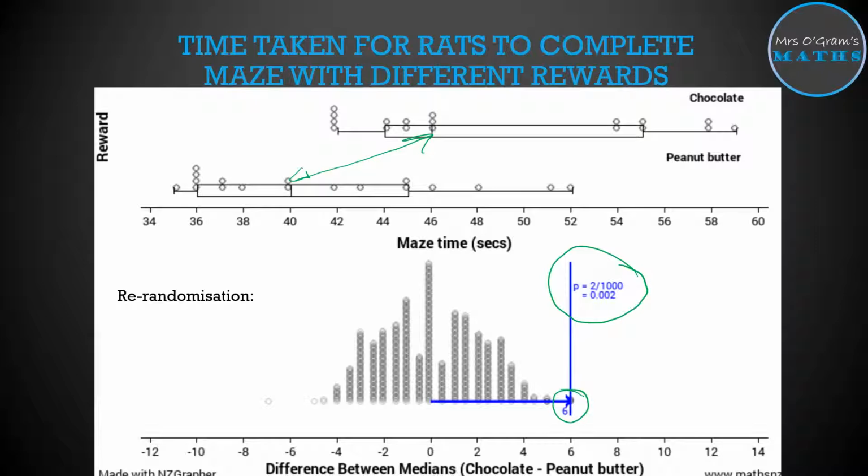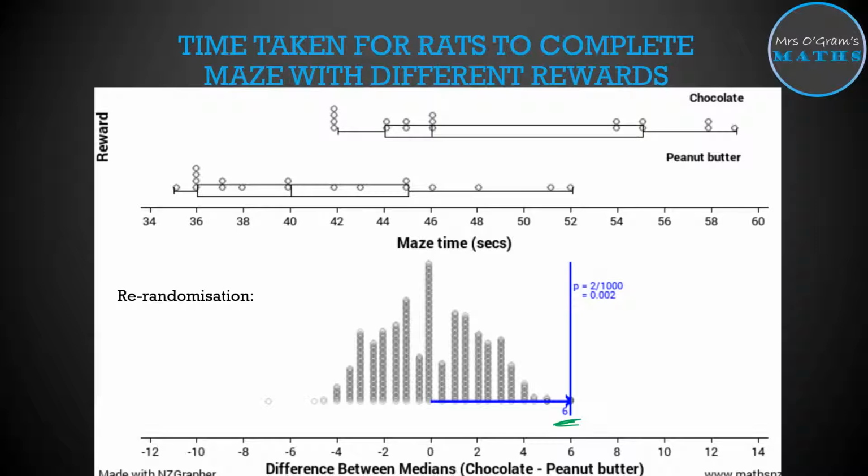So 2 out of 1,000 is really, really small. So the chance of that difference that we saw of 6 seconds happening purely by chance alone is really, really small. It's 0.002 or 0.2%.